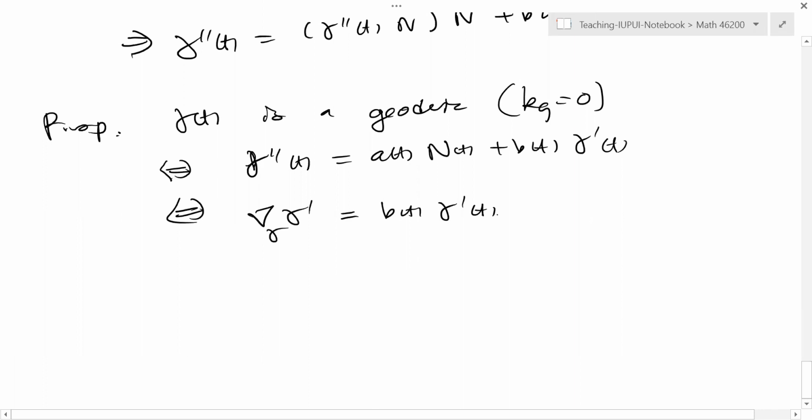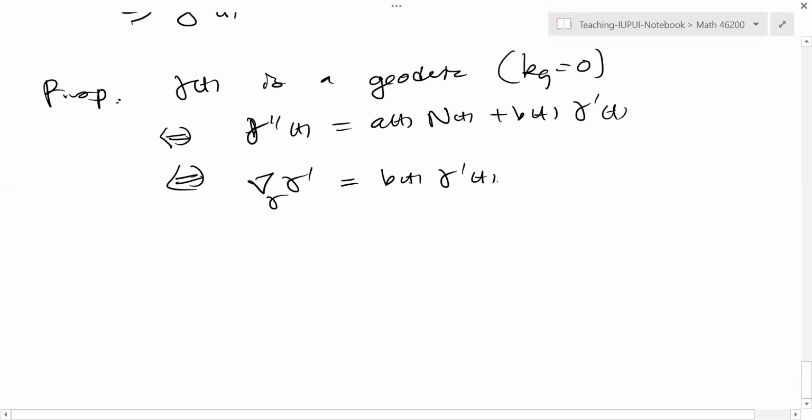Now let's take a look at some examples. Now in the book, because the definition is slightly different from mine, there's another proposition that any geodesic has constant speed.